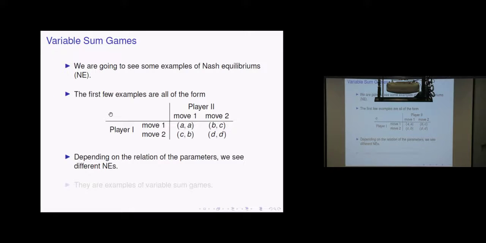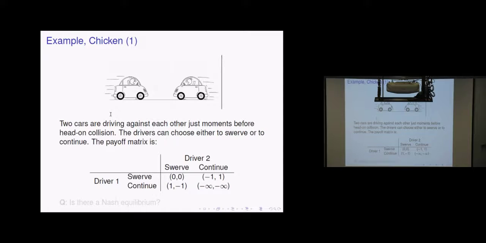So the next 4 or 5 examples are all in this category. These are examples of variable sum games because you see the sum may not be the same.